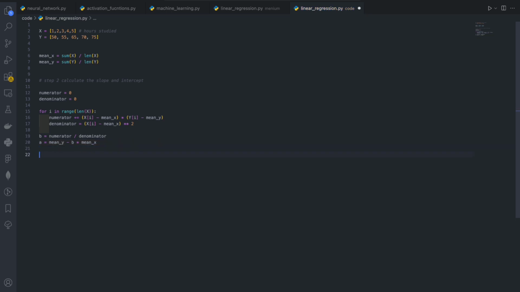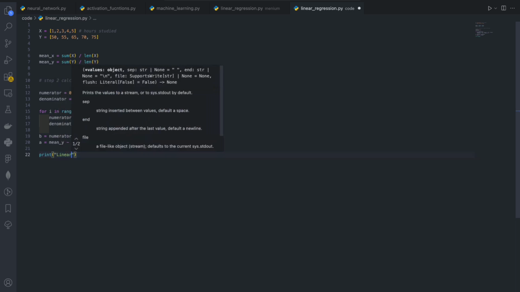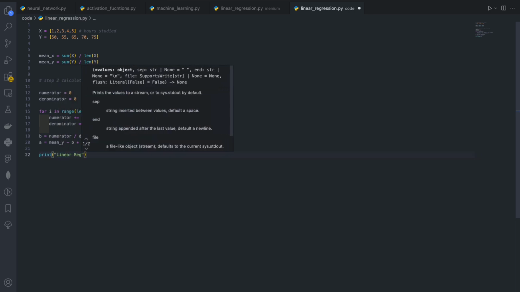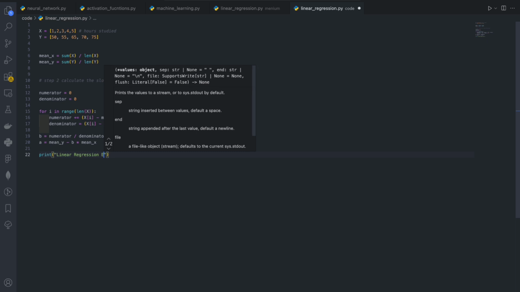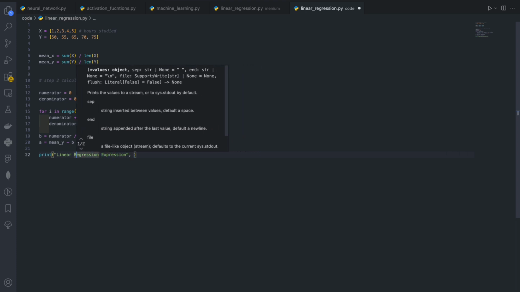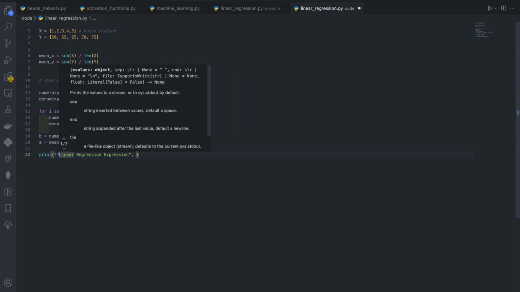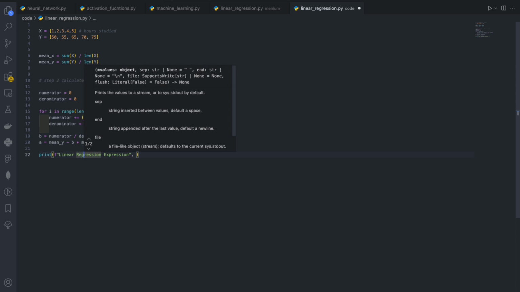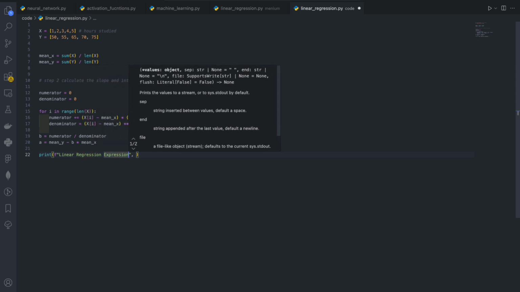So let's print our equation. Let's put the f-string here so that we could print the values.